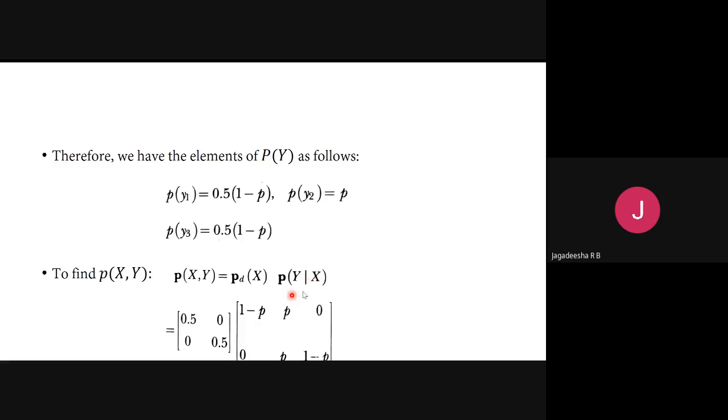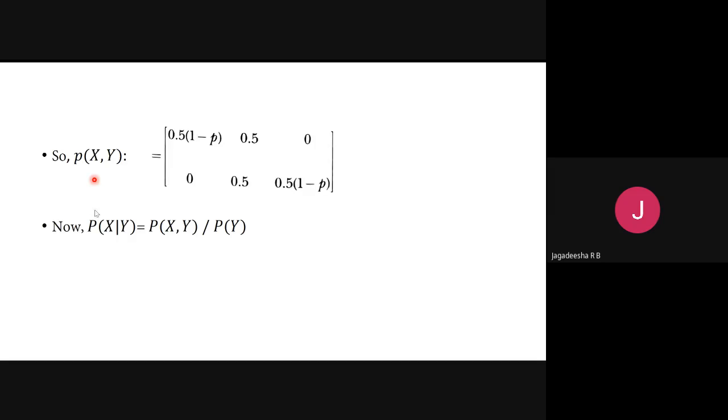And this value we already know. And next what we need to do is just multiply these two matrices, and that should give us something like this: probability of X comma Y. I mean, this is the joint probability between X and Y.